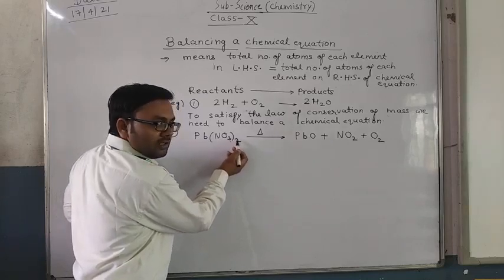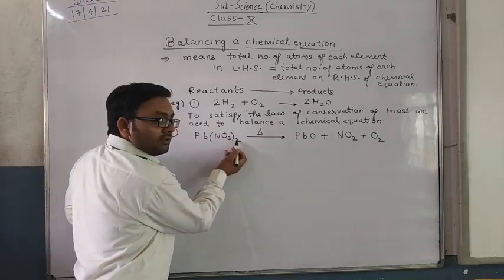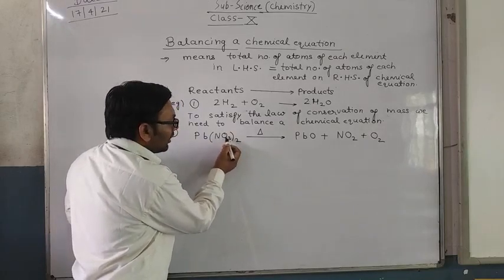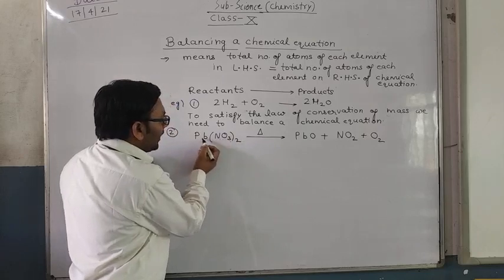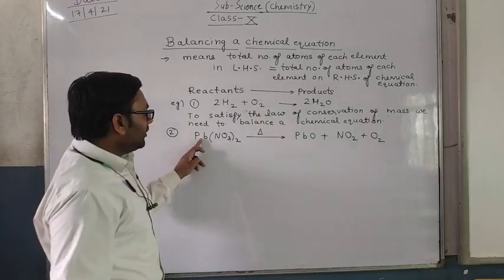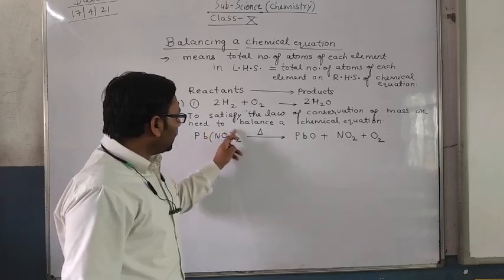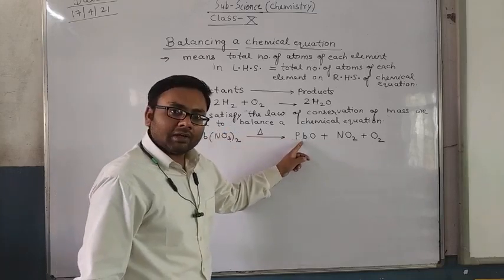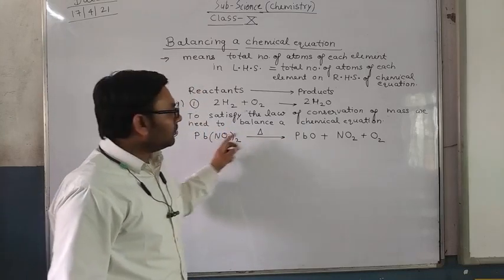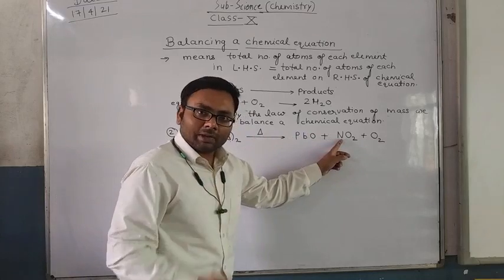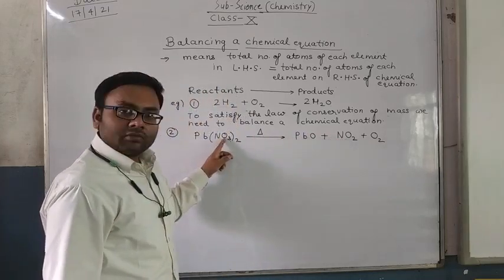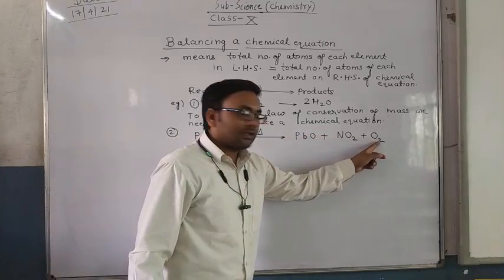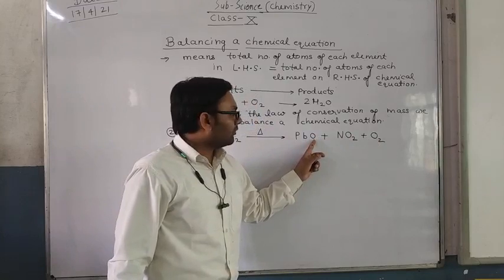We have to multiply these numbers. Oxygen 6, nitrogen 2, and this 2 is not for lead, because this 2 is only for the elements inside the bracket. So here lead is 1, and on the right hand side also lead 1. Here the nitrogen is 2, but here the nitrogen is only 1, so not balanced. Here the total number of oxygen atoms is 3 times 2, that is 6, and here it is 2 plus 2, 4, plus 1, 5.